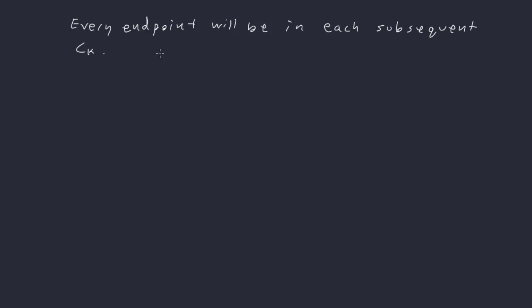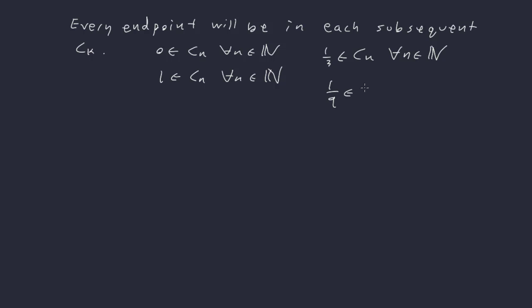All right, so 0 is in Cn for all n in the naturals. 1 is in Cn for all n in the naturals. 1/3 will be in every Cn for all n in the naturals. Okay, 1/9 will be in every Cn for all n greater than or equal to 2.